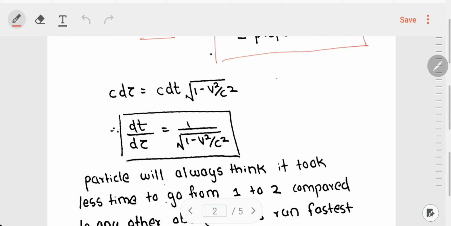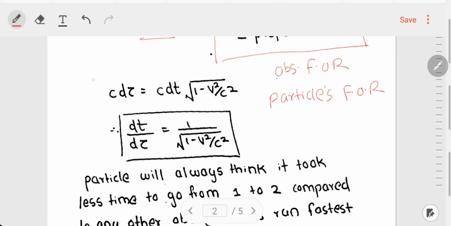Now we have two relations for the space-time interval. One is in the observer's frame of reference and one is in the particle's frame of reference. As it is the same quantity and the space-time interval is invariant irrespective of the frame of reference, we can equate these two equations.